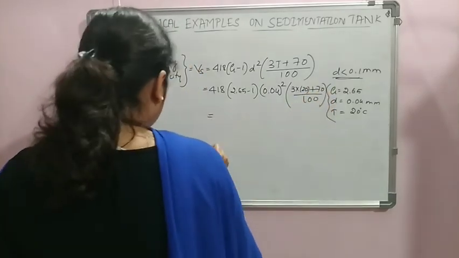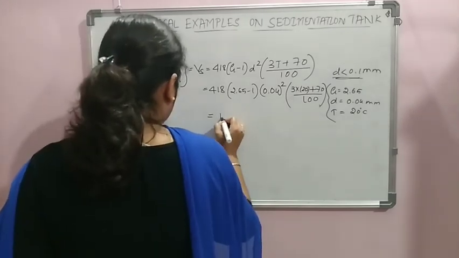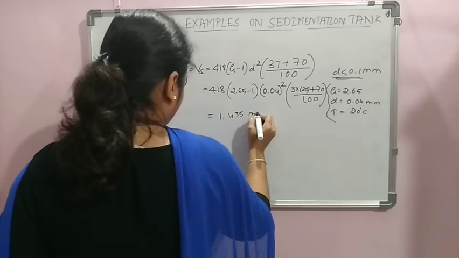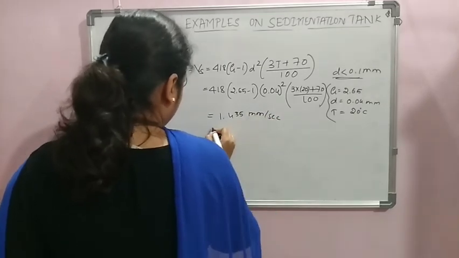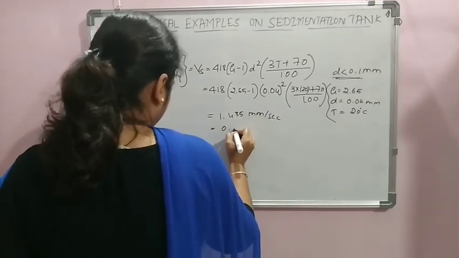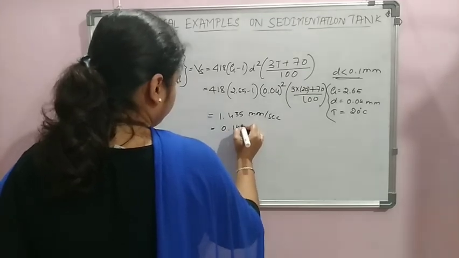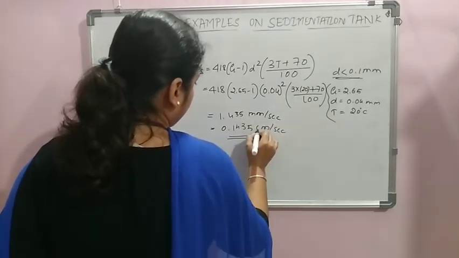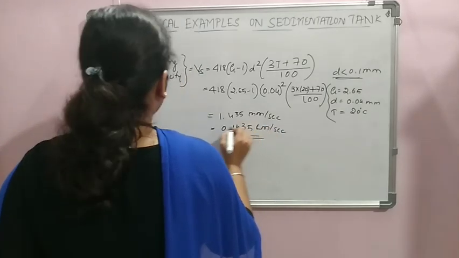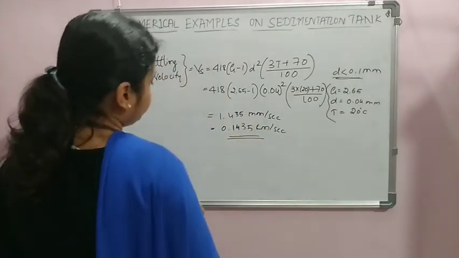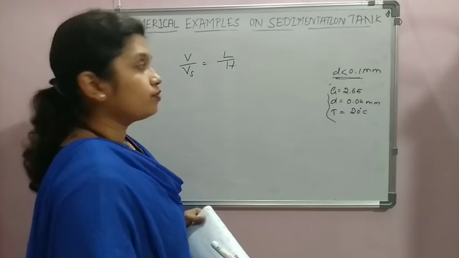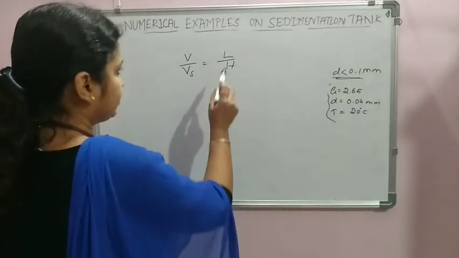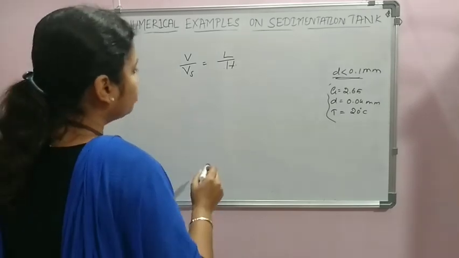For this one, the answer is 1.345 mm per second, which converted into centimeters is 0.1435 centimeters per second. So this is the answer we have got for the settling velocity. Next, I will make use of this formula: V divided by Vs is equal to L by H, where L is the length and H is the depth.